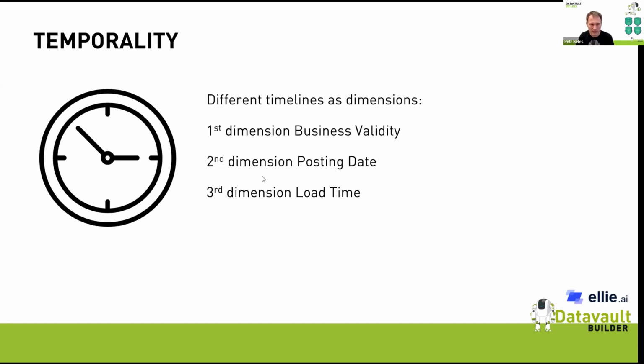And the third dimension that we have is when we got knowledge about this different data in the data warehouse. So here, usually we have the concept called load time. We are differentiating that from validity, as it was maybe used in the past, valid from, valid to, because this confuses people between business validity and this load time axis.